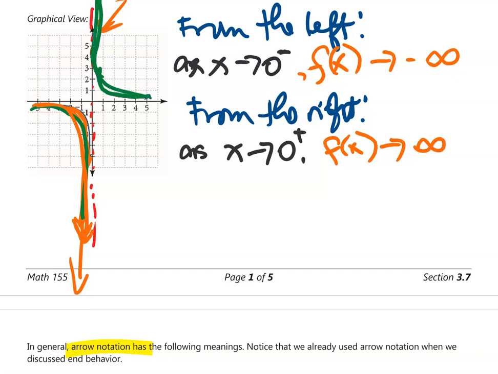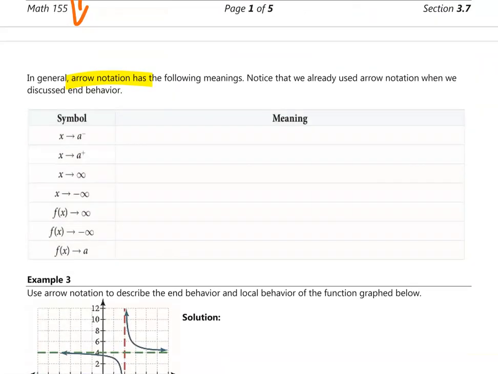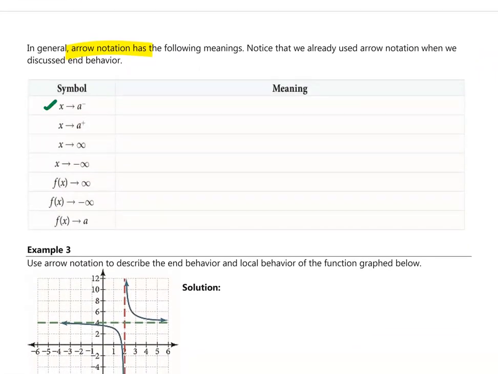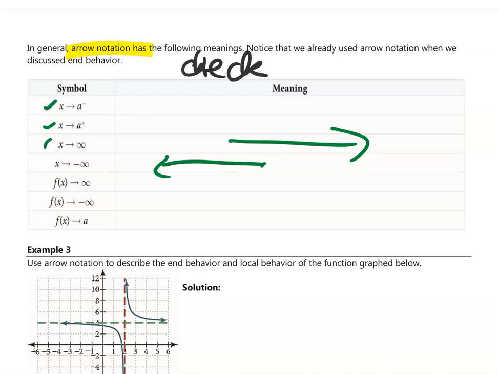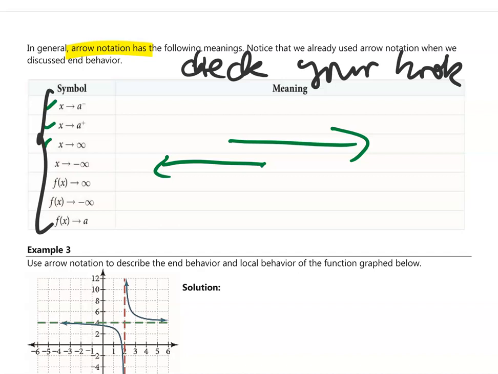As x approaches 0 from the right, f of x approaches positive infinity because it goes up. So that's what you mean by as x approaches a from the left or from the right; x approaching infinity, that is to the right, is positive infinity, to the left is negative infinity. I want you to go check your OpenStax book for these arrow notations.